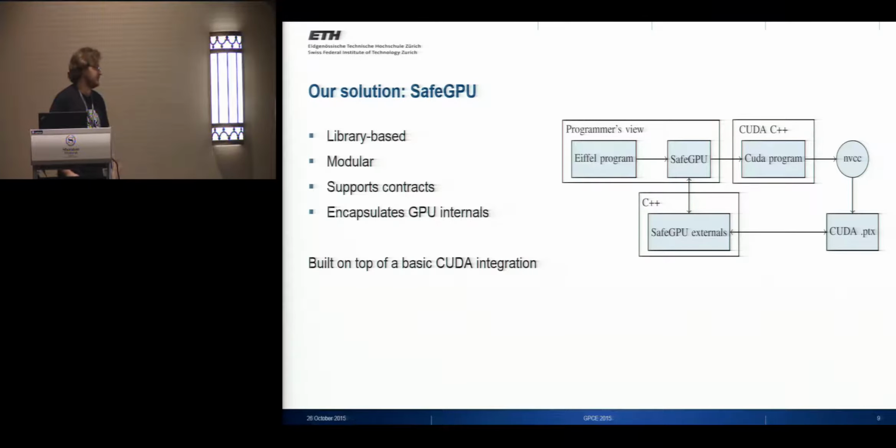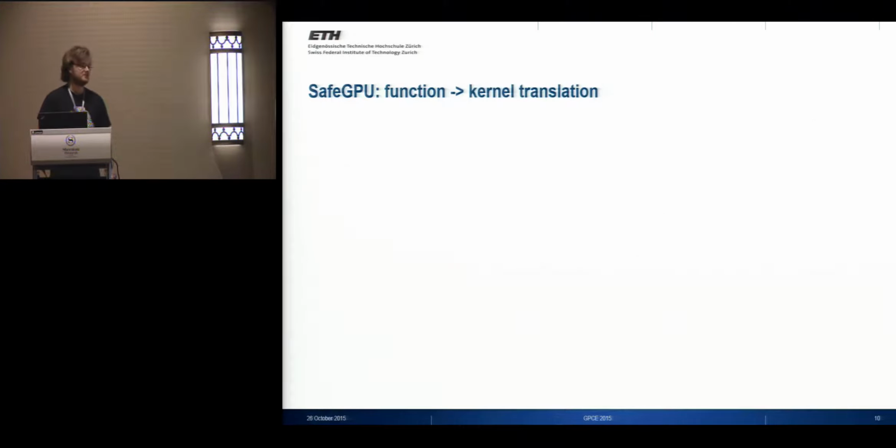And then it calls the compiler and NVCC, and then we generate intermediate files that can be loaded in the program, but the programmer doesn't see all that. He only sees the interface of Eiffel and the SafeGPU API. So that's the very basic thing that SafeGPU does.